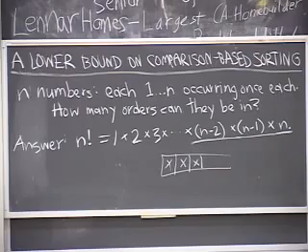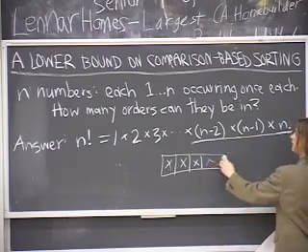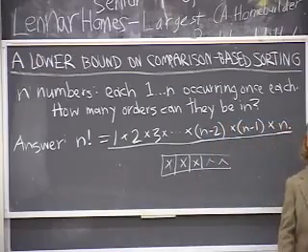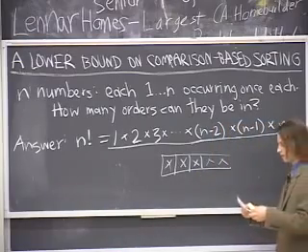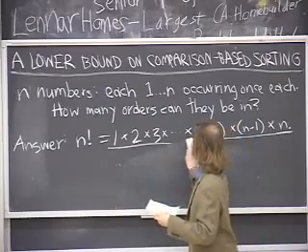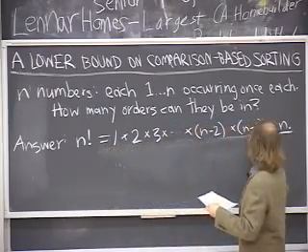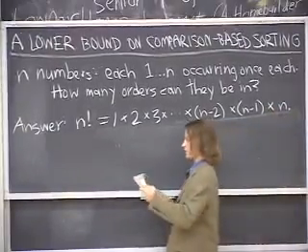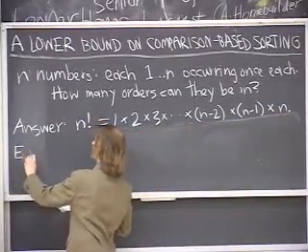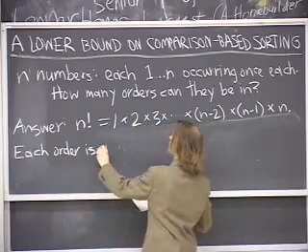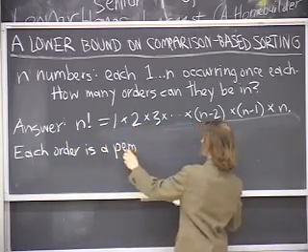And if you continue this logic all the way down the array, you get this many ways to order n numbers. Now, each different order of the numbers 1 to n is called a permutation of those numbers.